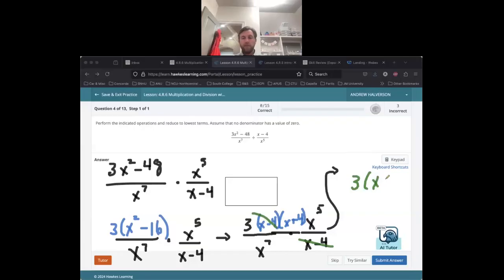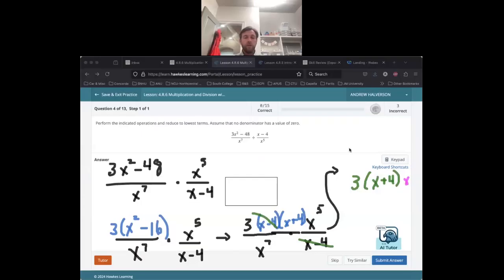What about the x to the 5th and x to the 7th? Subtraction, I do believe, right? Okay, so they're on opposite sides of the fraction bar. So we apply the quotient rule to subtract the exponents, and it becomes 5 minus 7. But 5 minus 7 becomes what? Negative 2.